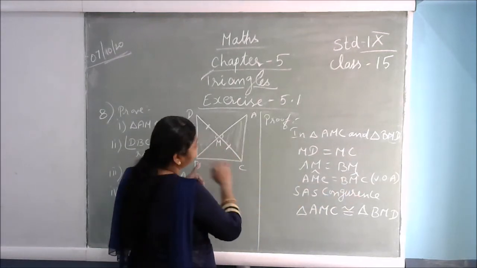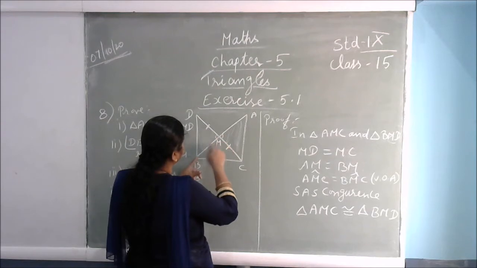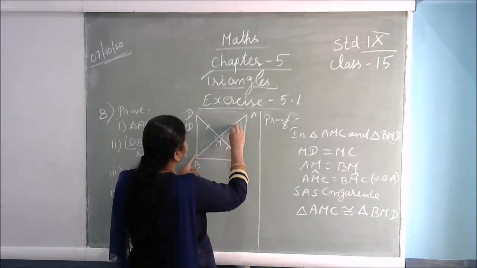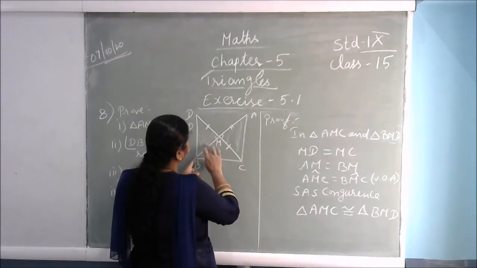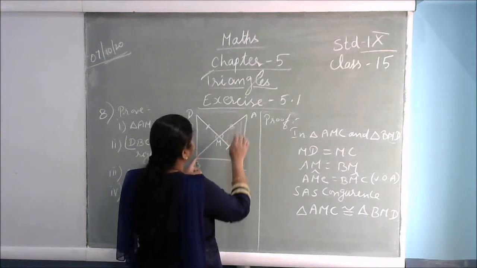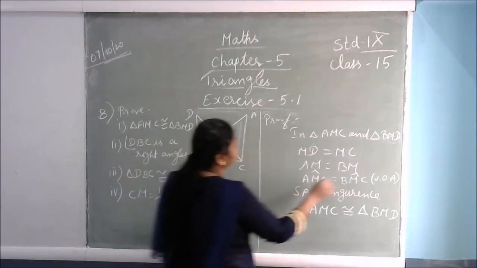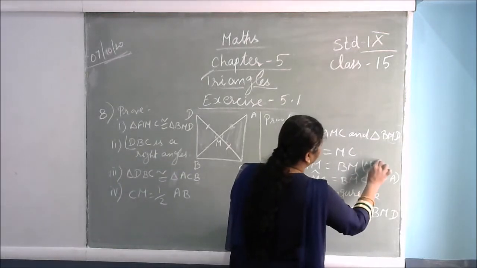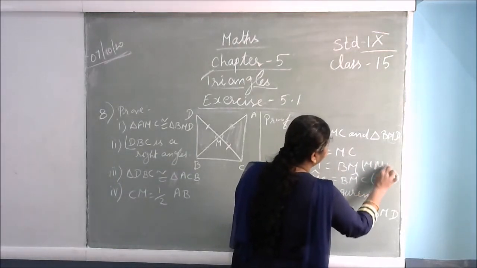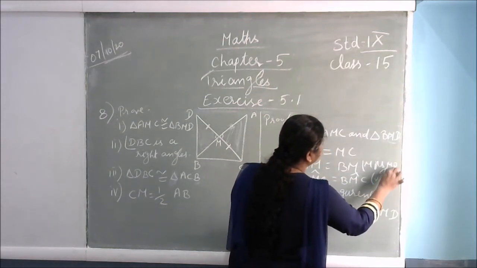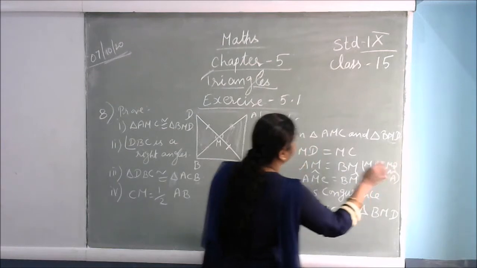And one more, this side AM and this side are also equal, because M is the midpoint of AB.